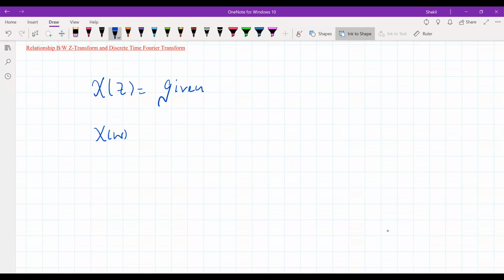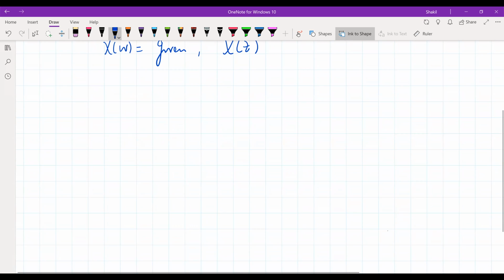Or if X of omega is given, how do you obtain X of z? That's the goal.